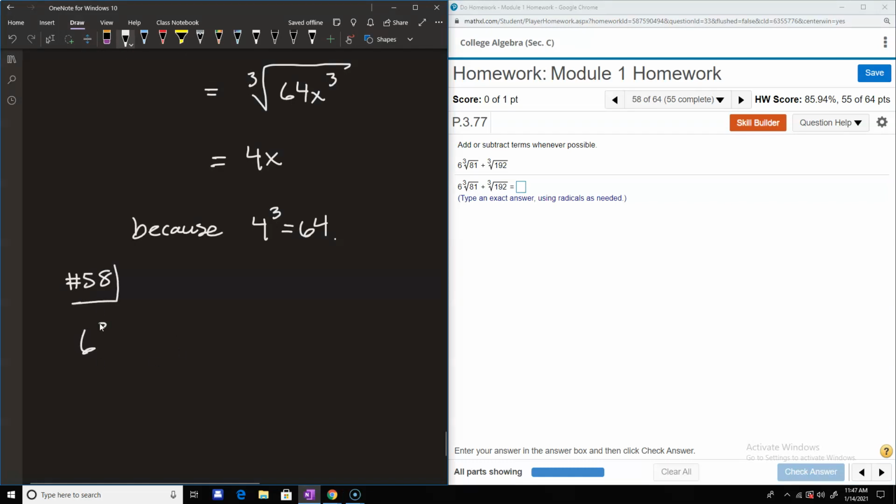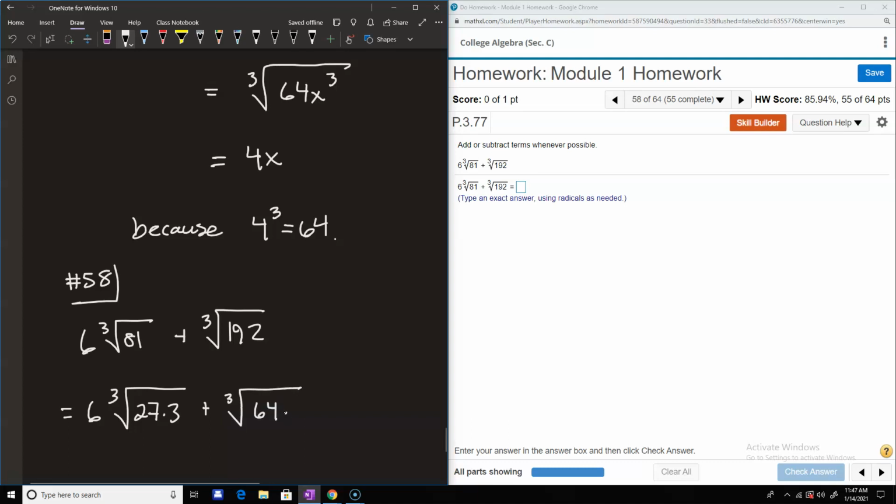So we have 6 cube root 81 plus 3 cube root 192. So check those numbers that we've seen so far. We know this is 27 times 3, and we know that 192 is 64 times 3.